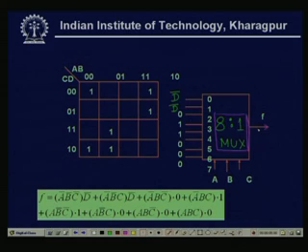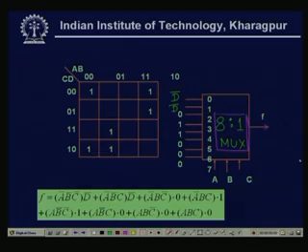So, in this way I can design any combinational circuit using multiplexer. Either ABCD all can be select lines, and just in this example what we have seen, that we have reduced the select lines by 1.